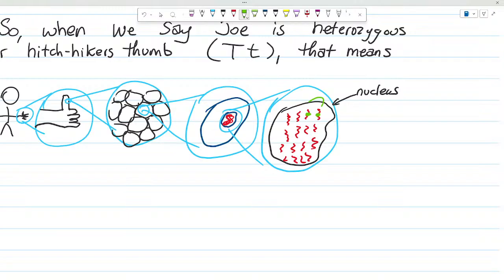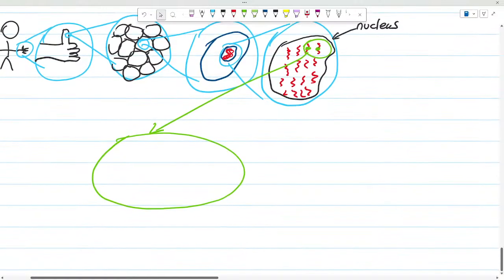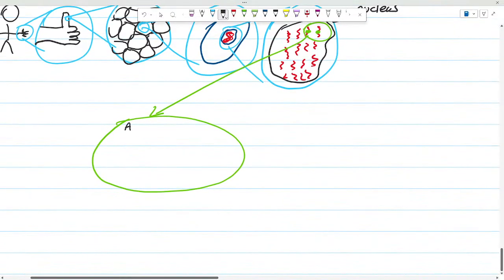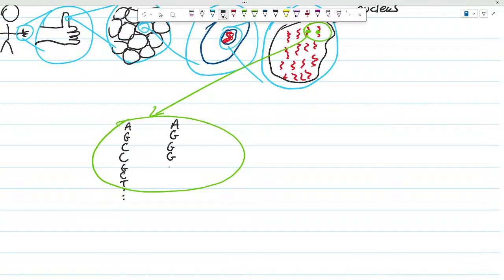What it basically means is that right here, there are 2 genes, and I'm going to zoom in on that. We have one that goes A, G, C, C, G, C, T, another that goes A, G, G, G, A, C, T. And again, I want to be really clear, I'm not claiming that this is the exact mutation. I don't know the exact mutation.